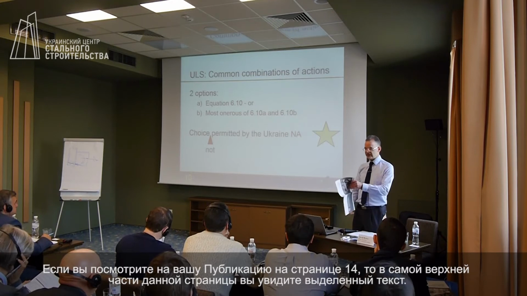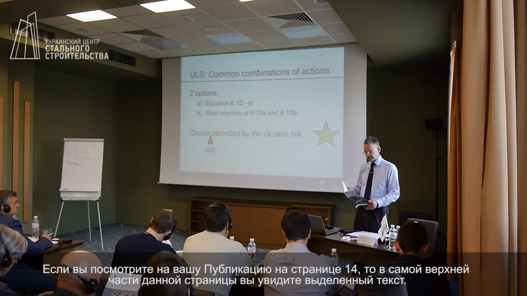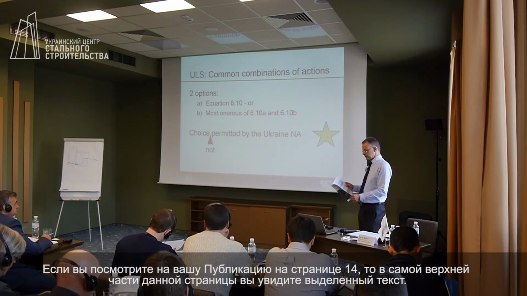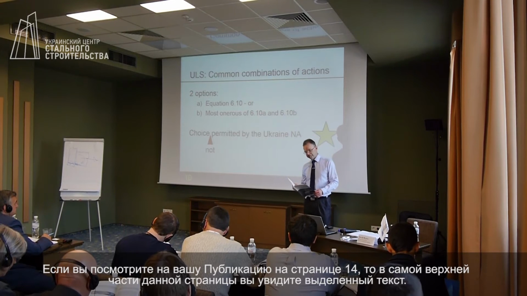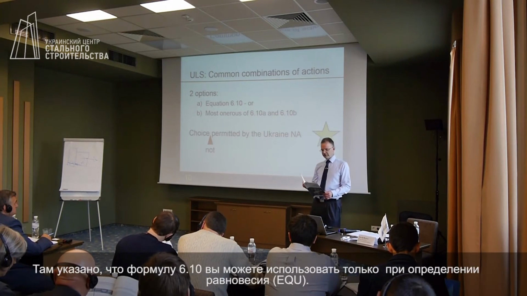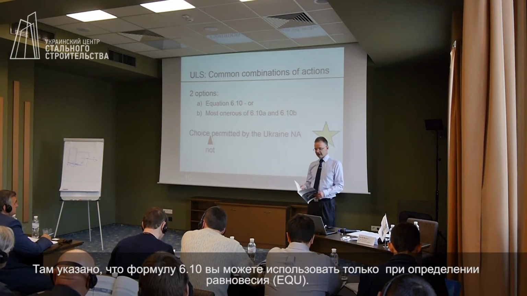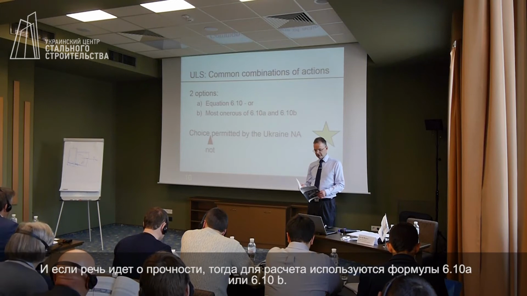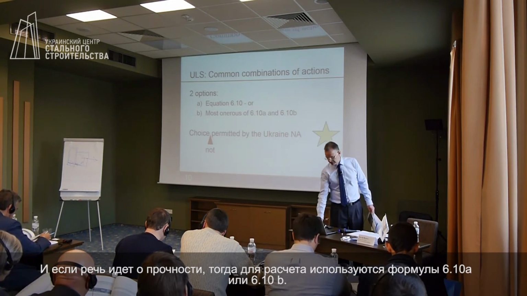So if you look in this excellent publication on page 14, you will see the table towards the top of the page, and you will notice that expression 610 is only allowed for equilibrium. And then when you look at strength, you will see that there is 610A and 610B.